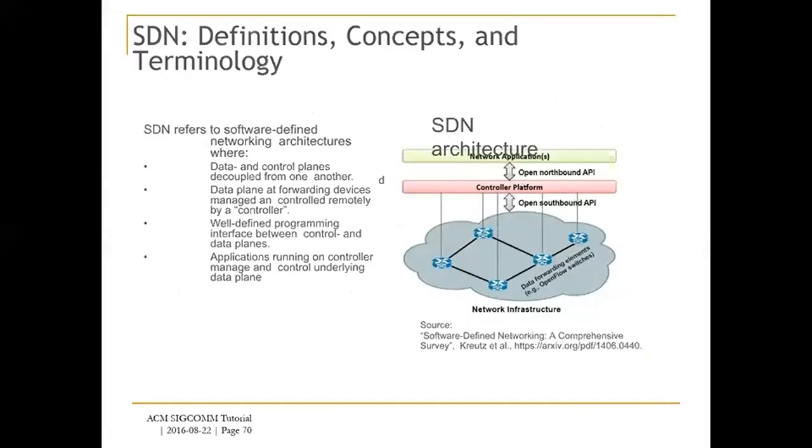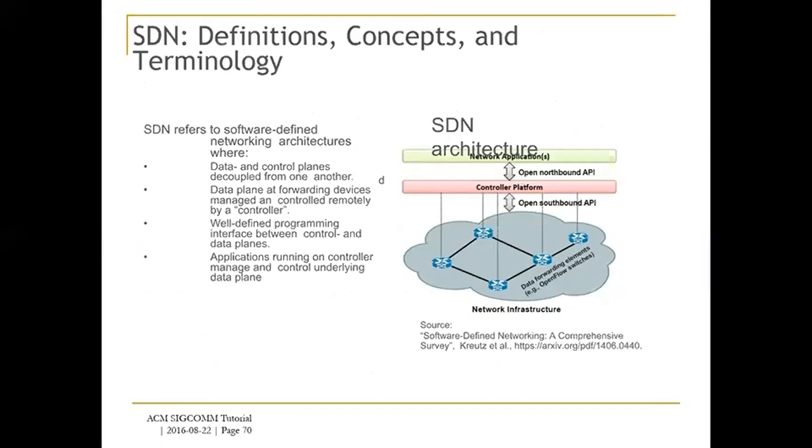Now, this is one of the important diagrams of SDN. You remember, in the network architecture, we have a host and the core network. Just like I am giving you a lecture from my mobile phone. My mobile phone is a host that is connected from the radio access network to the core of the network.